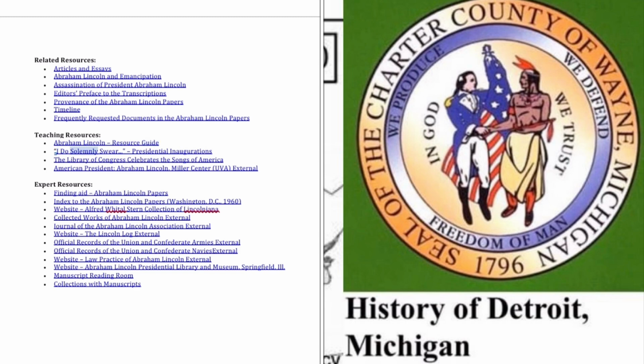I do solemnly swear, presidential inaugurations. The Library of Congress celebrates the songs of America. American President, Abraham Lincoln, Miller Center, UVA, External. Expert Resources.